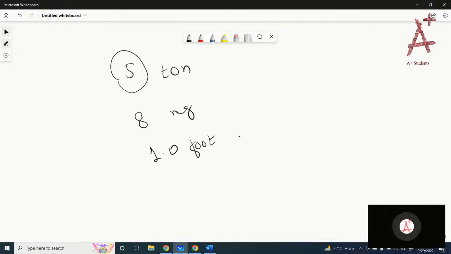Sorry, in the case of 1.0, you have to consider one decimal place, so you have to divide 0.1 by 2. When you divide 0.1 by 2, it would be 0.05 feet. Got it? So select the correct option and then click on the OK button.